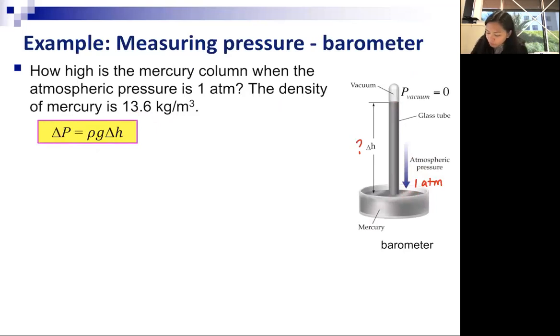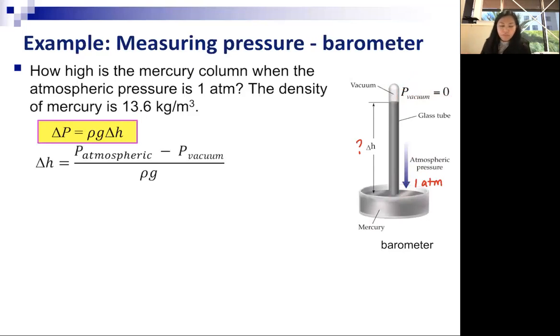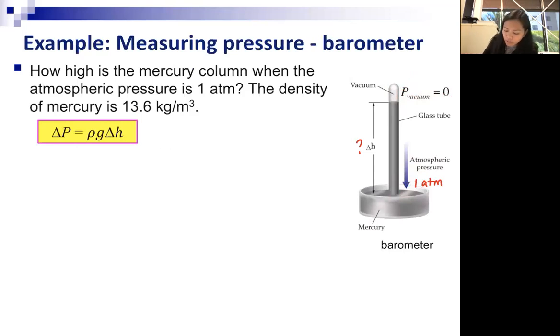So you have 1 atmosphere of pressure in the atmosphere, and you have 0 pressure in the empty part of the tube. That's a vacuum, therefore there are no air molecules. We can consider the air molecules there negligible, and so the pressure is 0. Rearranging this equation because we want delta H, we divide both sides by rho g.